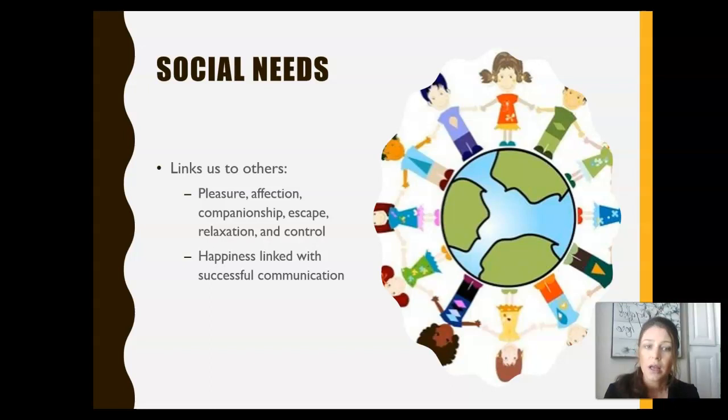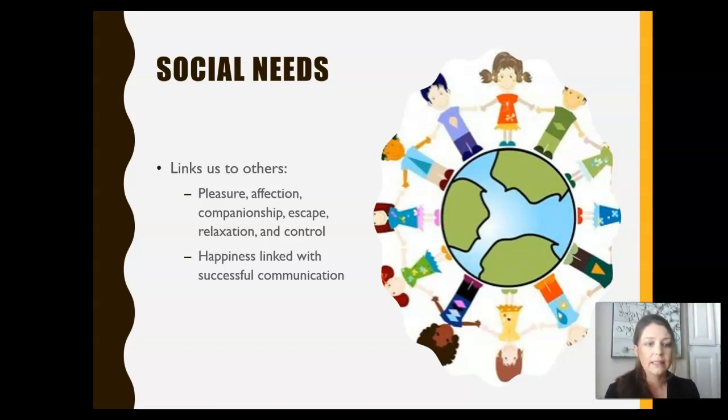Research has shown that the feeling of happiness is linked with successful communication in a study that was conducted among married couples. And this is no surprise, right? Given that relationship conflict leaves us typically feeling unhappy, discouraged, at odds with ourselves and others, it's no surprise that healthy communication would be linked with a feeling of happiness.